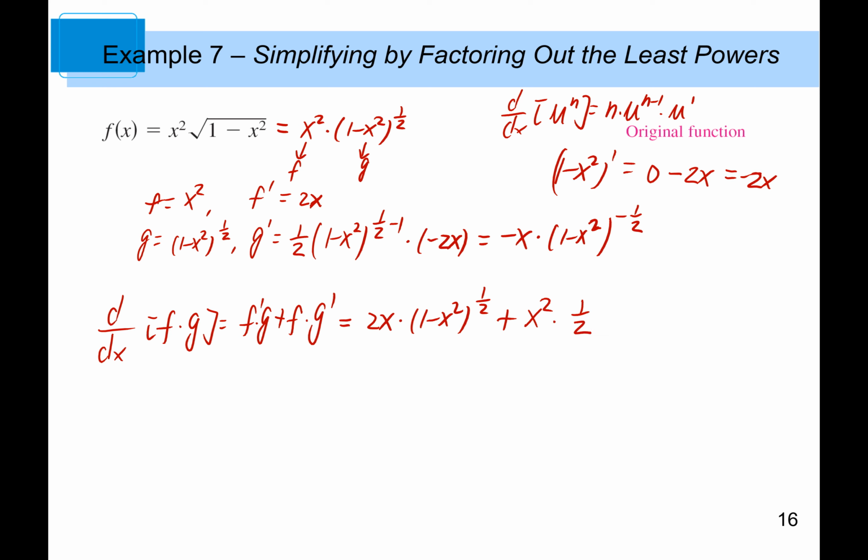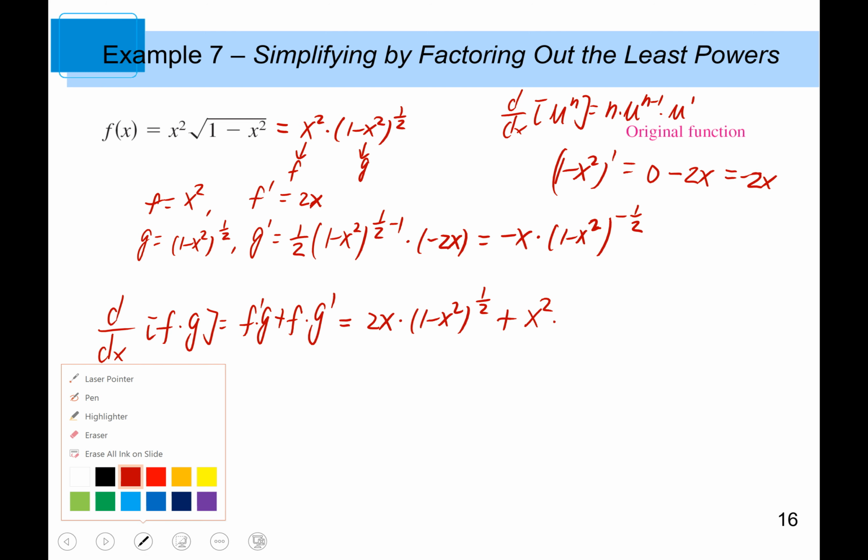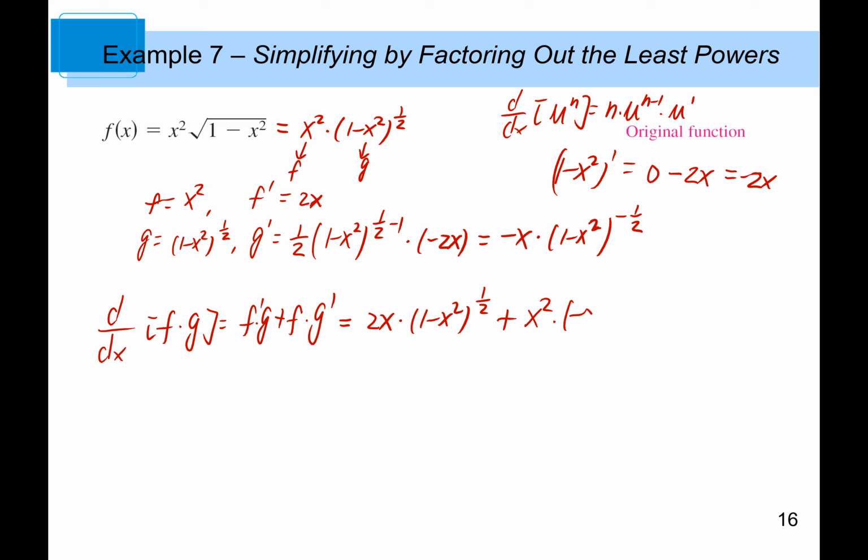We already simplified that, so it should be negative x. Just use the simplified result, which is a lot easier. So negative x times (1 minus x squared) to the negative 1/2.